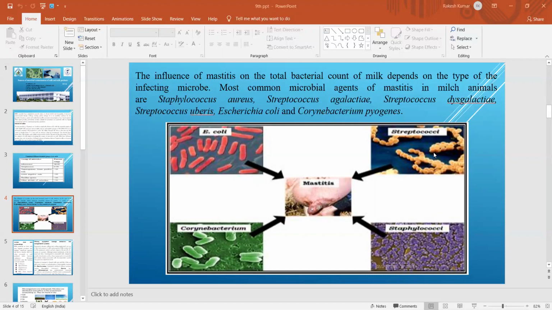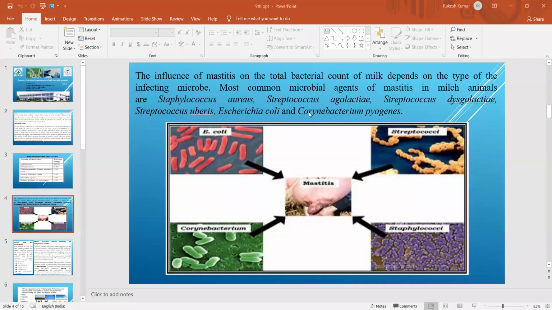Escherichia coli, Streptococci, then Staphylococci, then Corynebacterium, and these are the species: Staphylococcus aureus, Streptococcus agalactiae, then Streptococcus dysgalactiae, Streptococcus uberis, Escherichia coli, then Corynebacterium pyogenes.